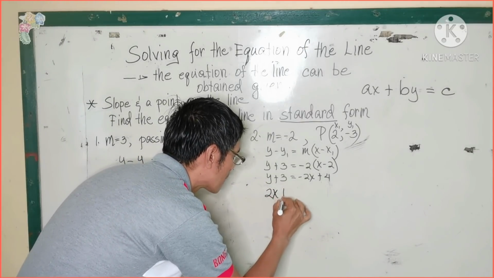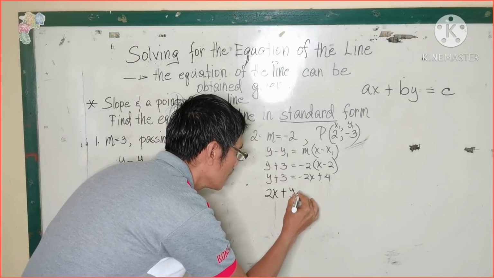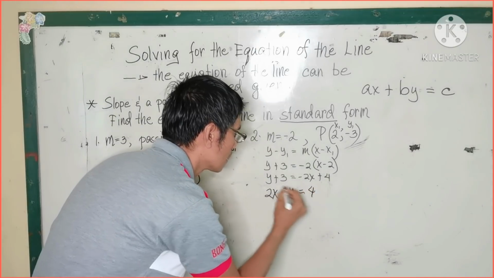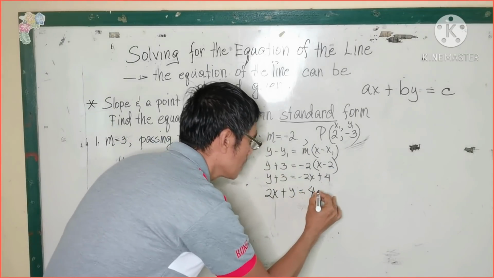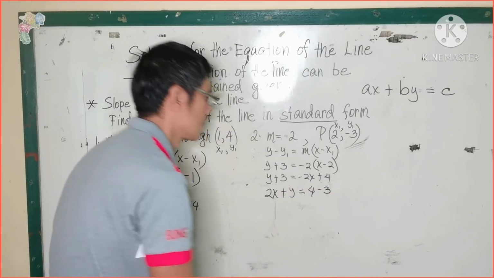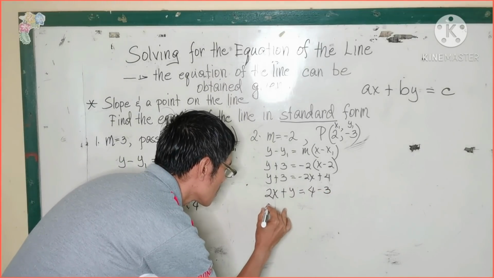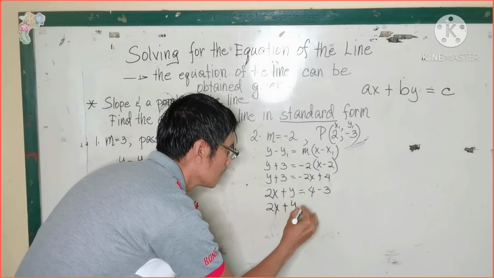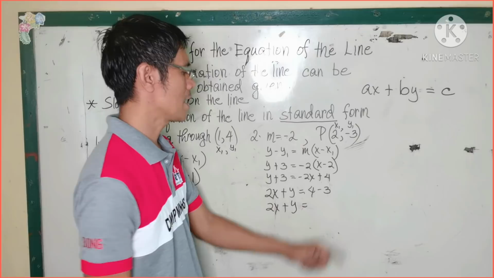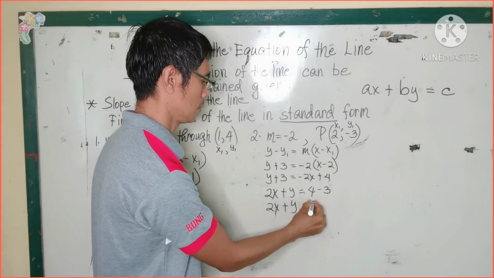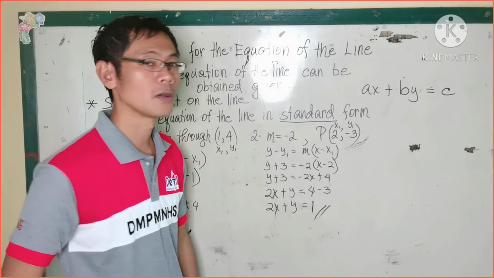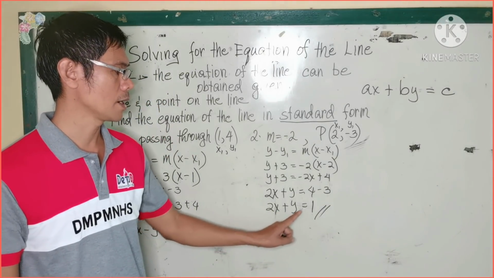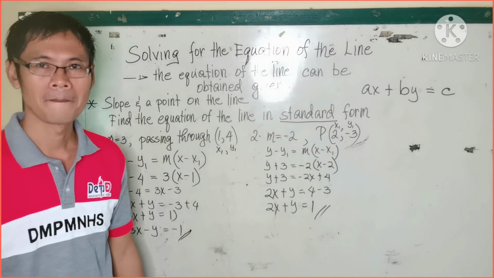Then your positive y equals, ang natira ngayon dito ay 4. Transposing your positive 3, we have negative 3. So simplifying, we have 2x plus y equals 4 minus 3 is simply equal to 1. Therefore, the final answer is 2x plus y equals 1.